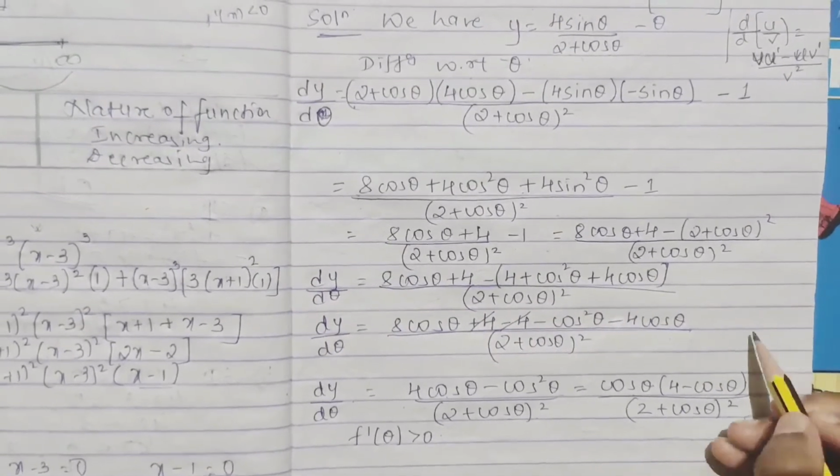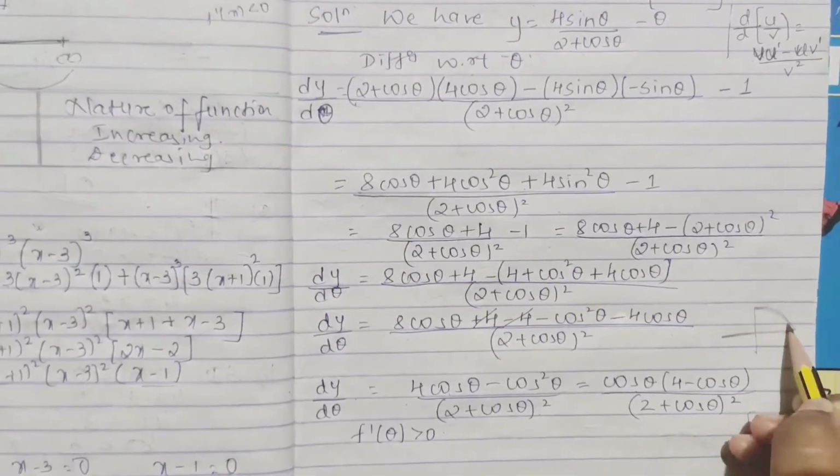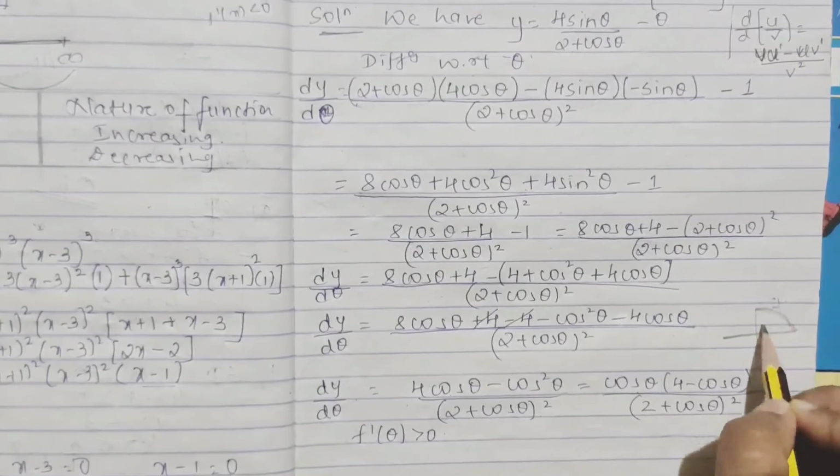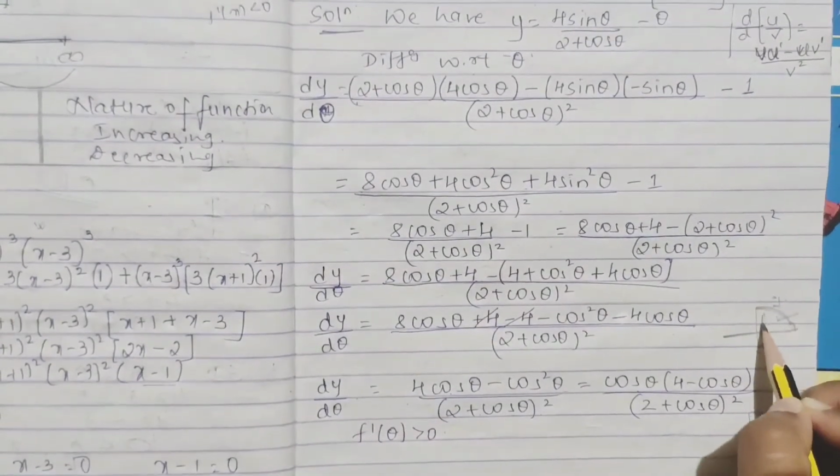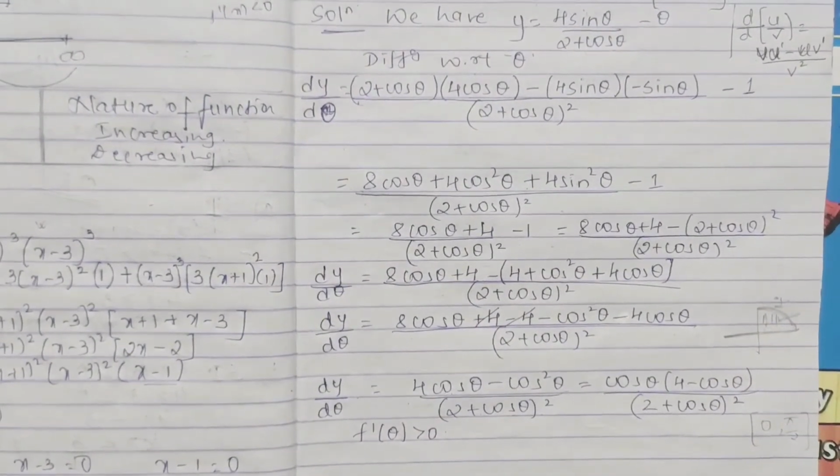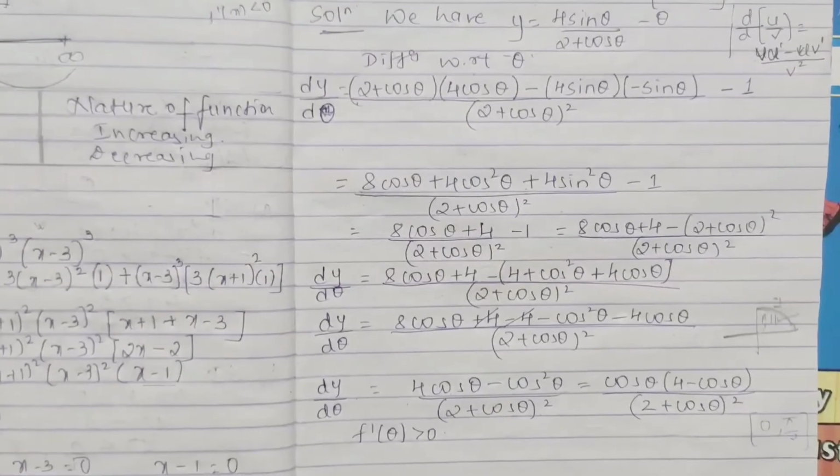Now if you consider the quadrant, 0 to pi by 2 means first quadrant, and in the first quadrant we know that cos is always positive. Here all trigonometric functions are positive, so obviously cos is positive.